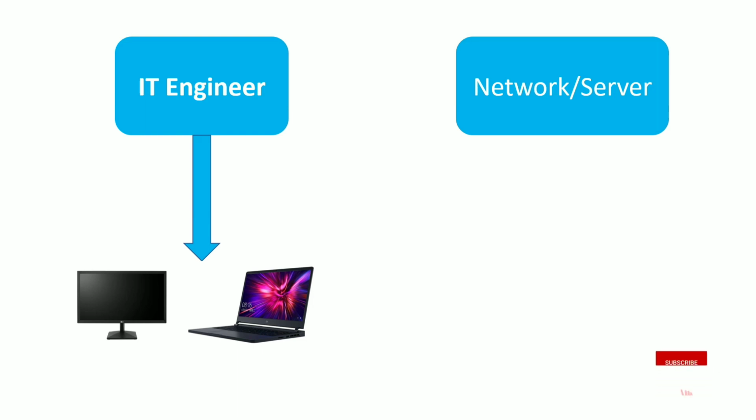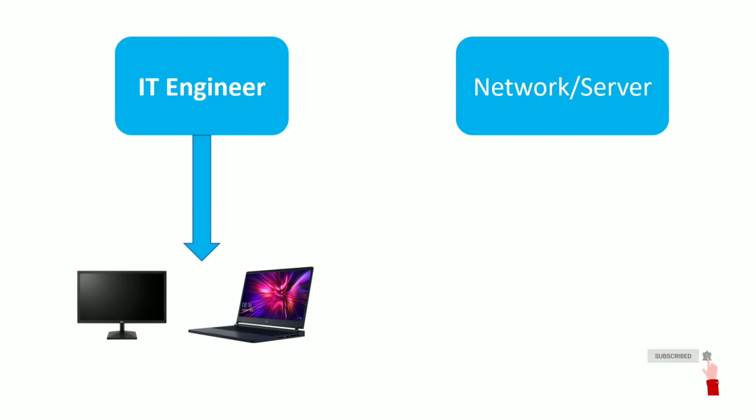IT engineers work on assets. Let's not focus on IT day-to-day calls, just think about assets. So we have desktops and laptops. There are so many other things, but desktops and laptops are the base at the user end. We can start from machines.